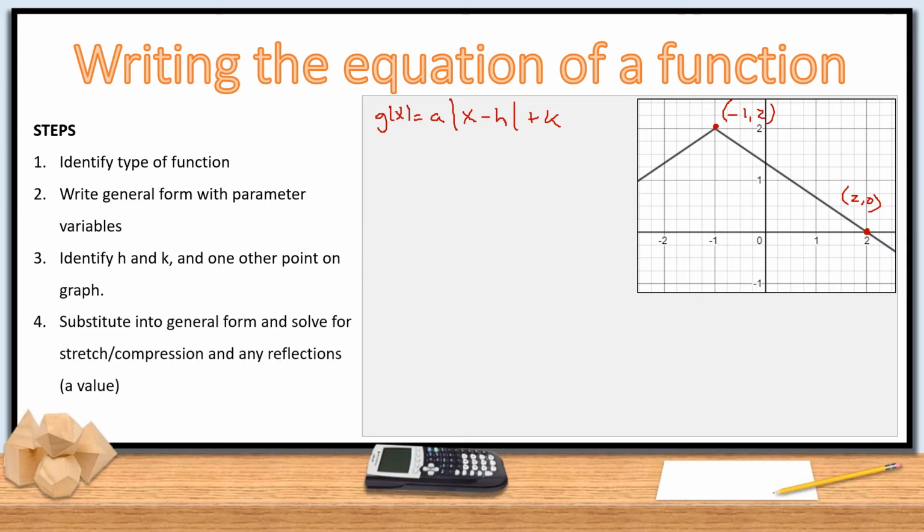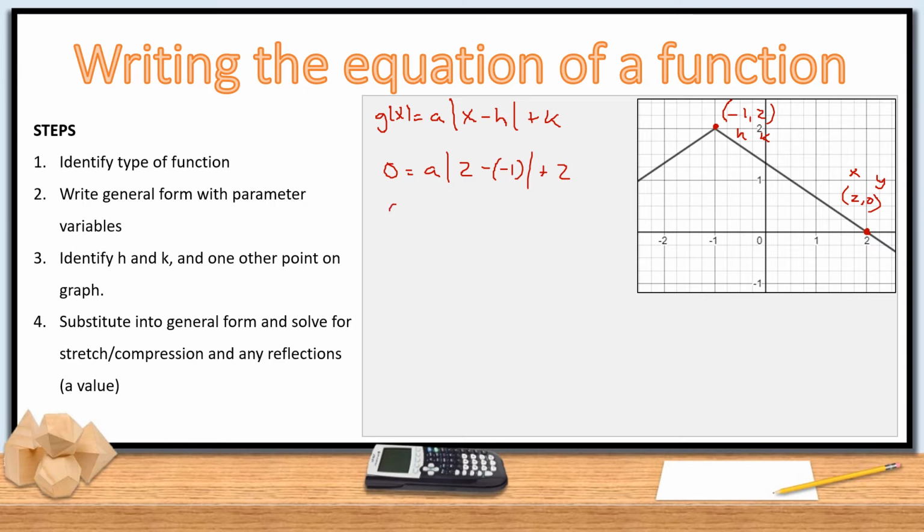All right, sub it all in. So we've got h, k, x, and y, or g of x, whatever way you want to write it. So 0 is equal to a times absolute value of x, which is 2, minus negative 1, because h is negative 1, plus 2.